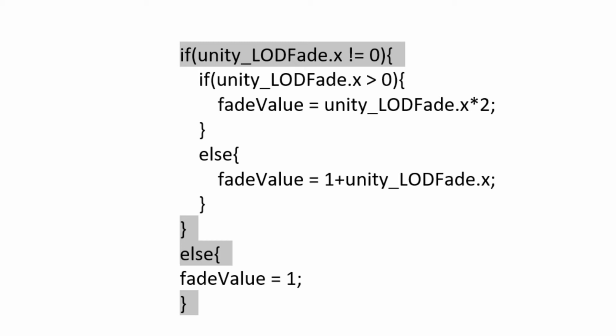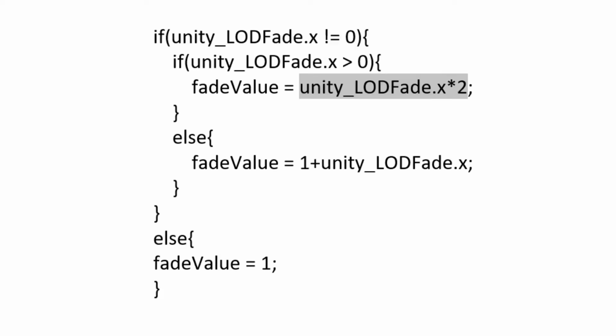So you need to ignore it when it's 0, otherwise you'll get a transparent object that will pop when the transition starts. Also, I multiplied by 2 the entering LOD fade value to get it to complete the fade in the middle of the transition.